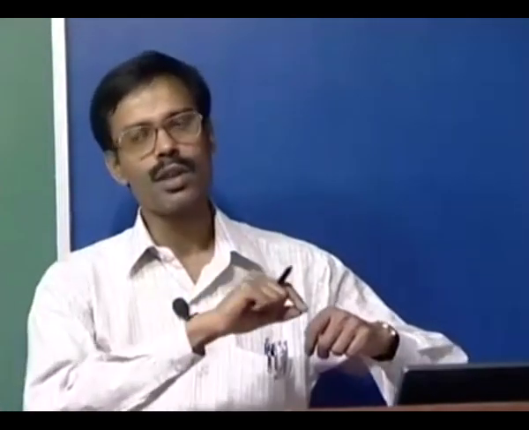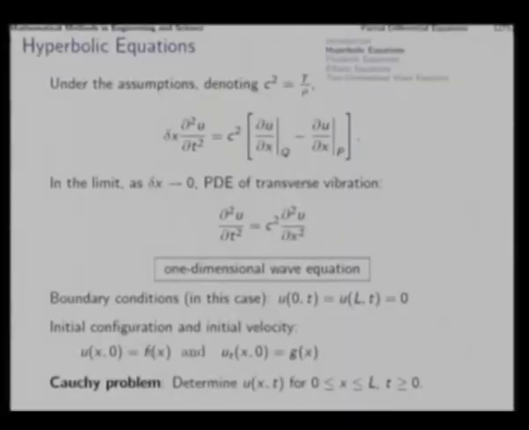That means initially, at time 0, the configuration of the string is this, and it is moving at such and such speed all over the x variable. So, this will constitute the complete initial condition: initial configuration f(x) and initial velocity g(x). The resulting problem of predicting the transverse vibration in time at all positions x is the Cauchy problem.